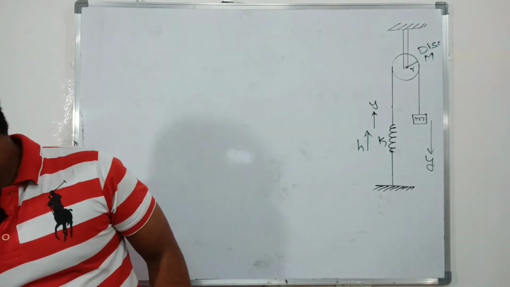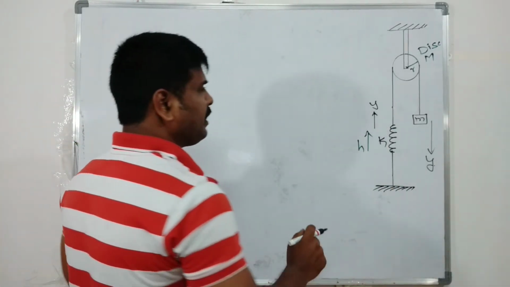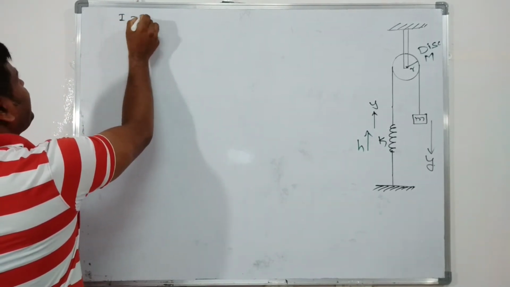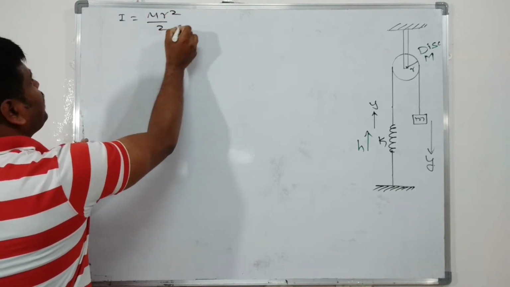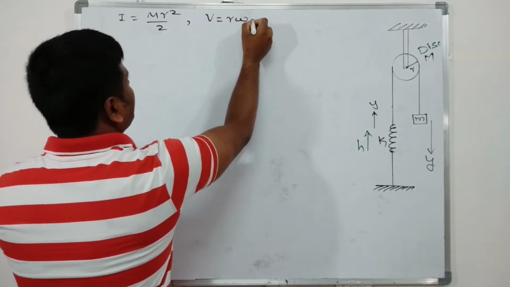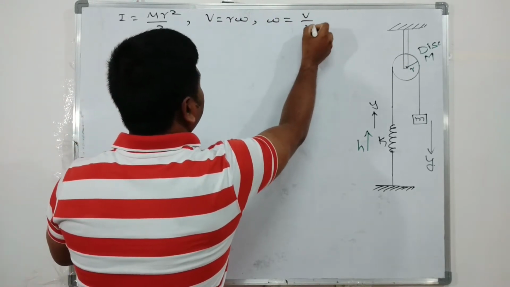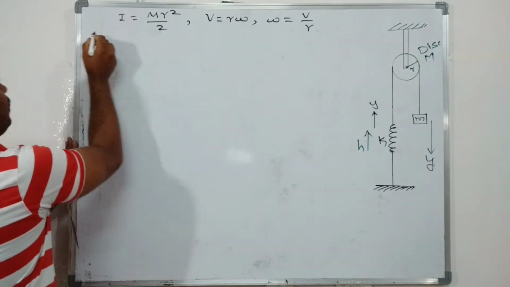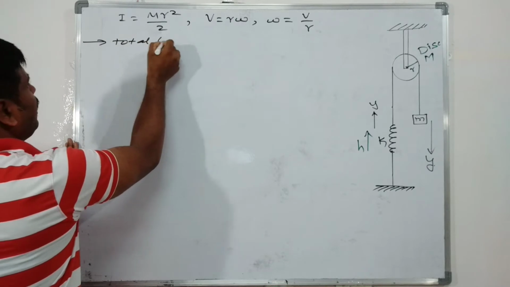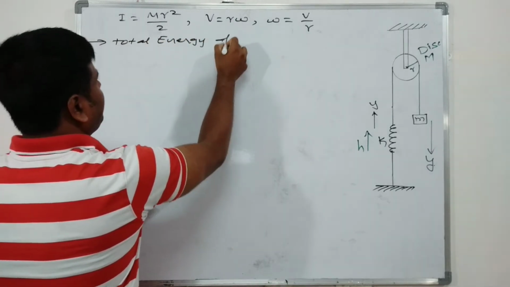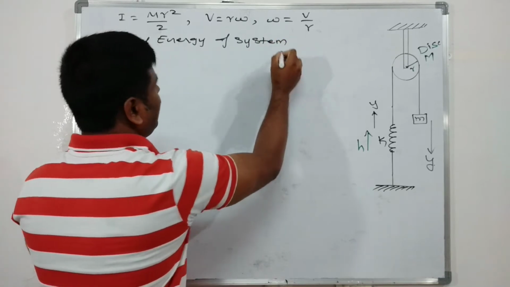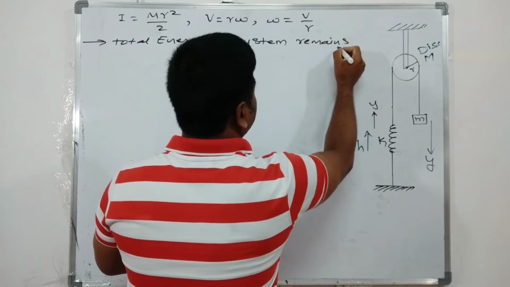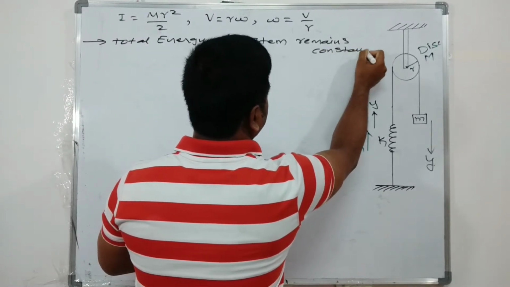See now, here we have to write the moment of inertia of the disk. So moment of inertia I is equal to MR square divided by 2. We know v is equal to R omega, and omega is equal to v divided by R. Here the total energy of the system is constant. So the total energy of the system remains the same, or we can write constant.